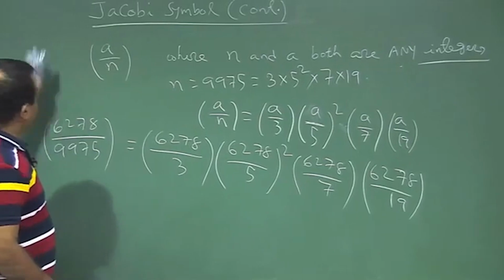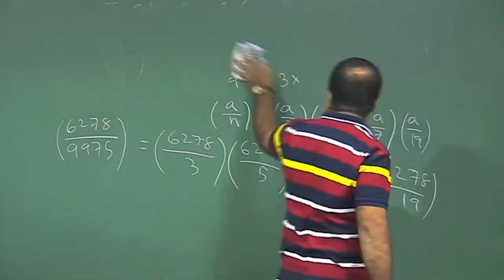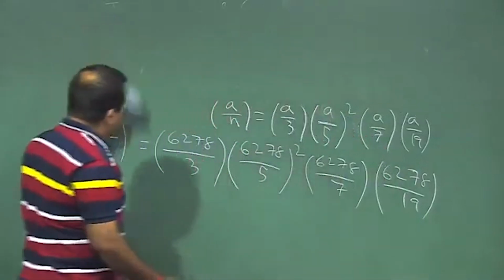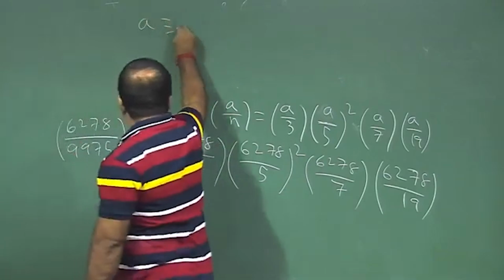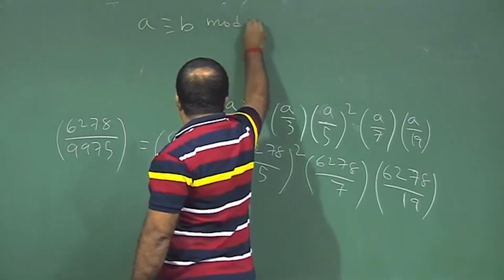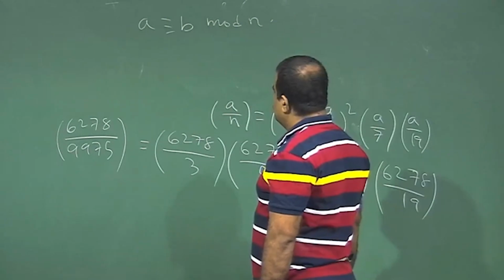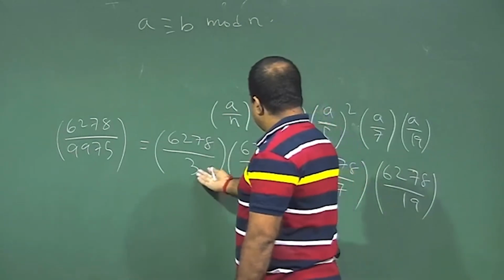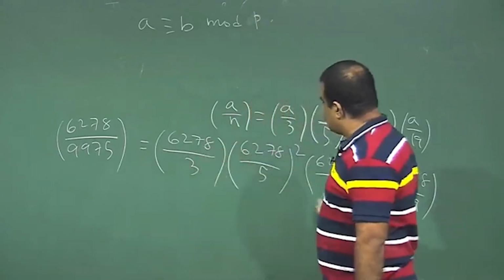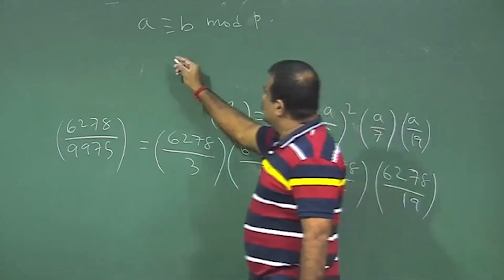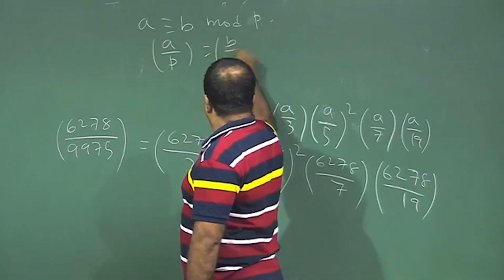In the last lecture we have seen some properties. Here we have to use this property: if a is congruent to b mod p, where p is a prime so these are Legendre symbols, then a by p is equal to b by p.